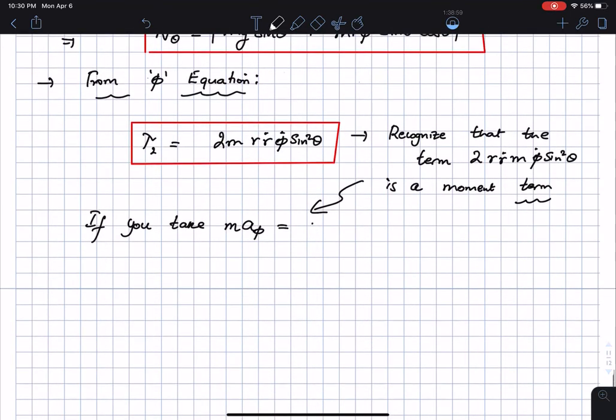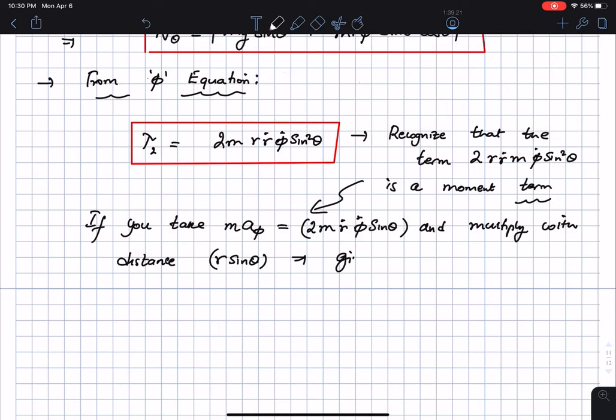This is 2 times m times r dot times phi dot sine theta, and multiply with a distance r sine theta. This essentially gives the moment about EZ.